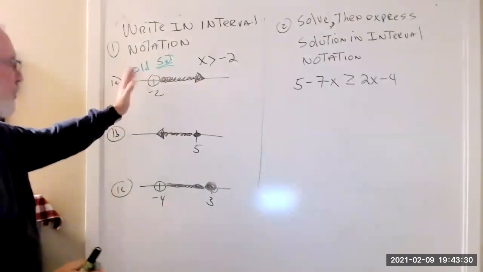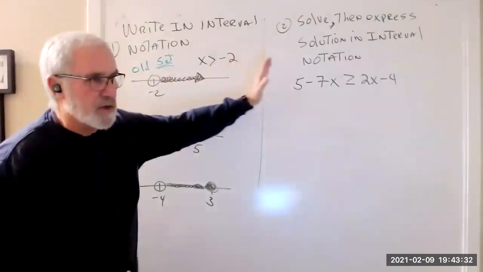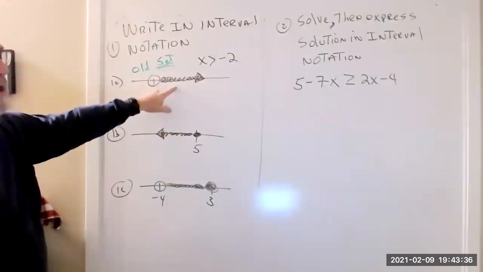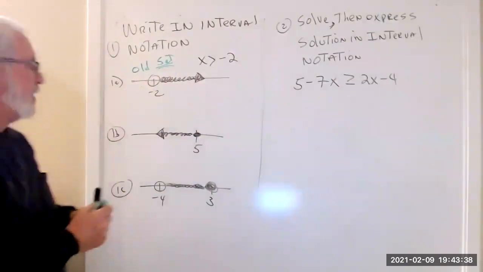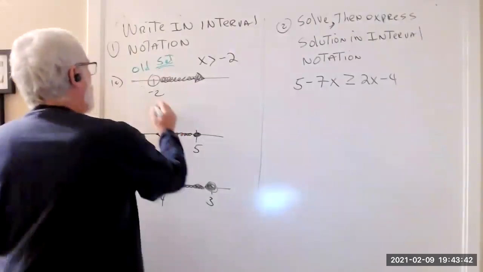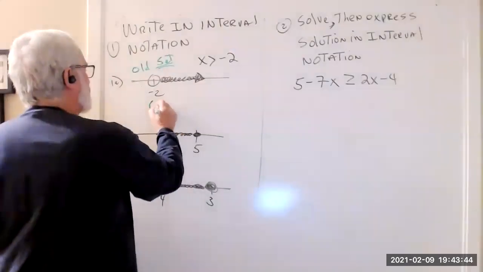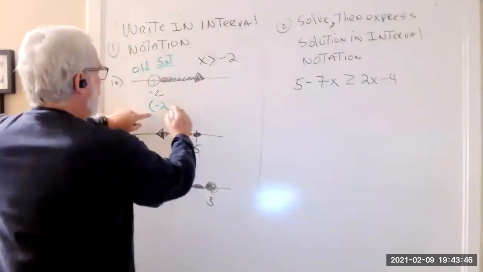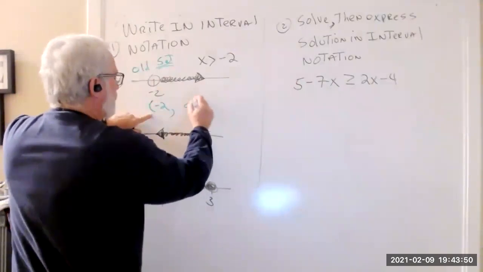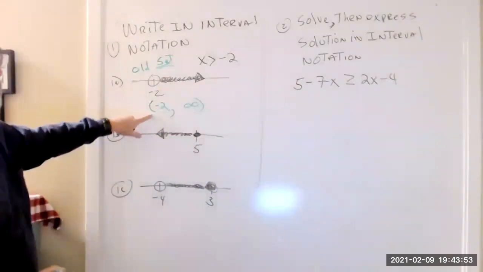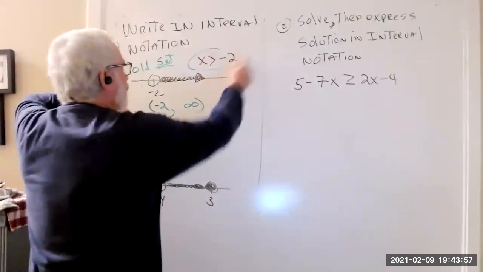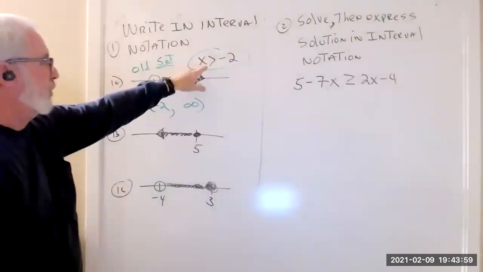Here's -2, x is everything bigger than -2. That's what that says. It's not equal to. However, in interval notation, we put parentheses, -2, comma, and it goes forever. So we say infinity. So this is the old way that we would do it. This is called set notation. X is greater than -2.